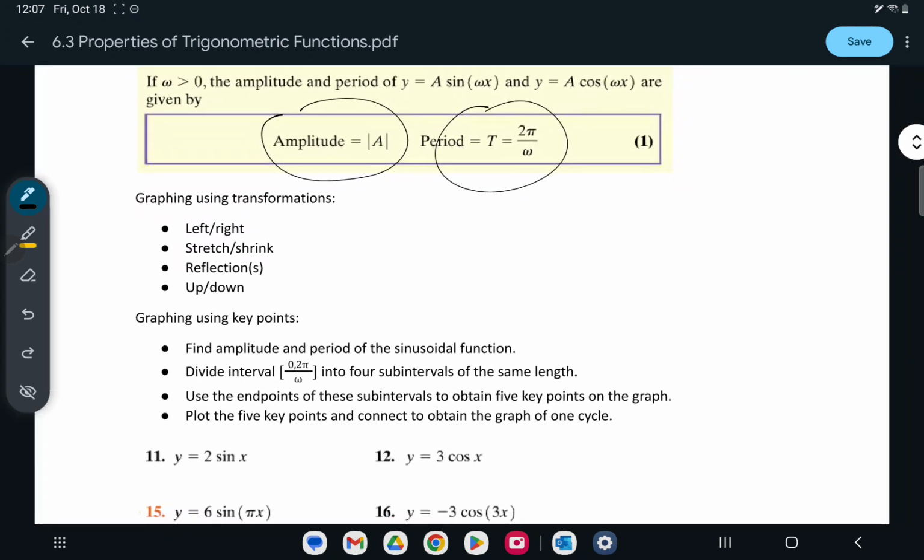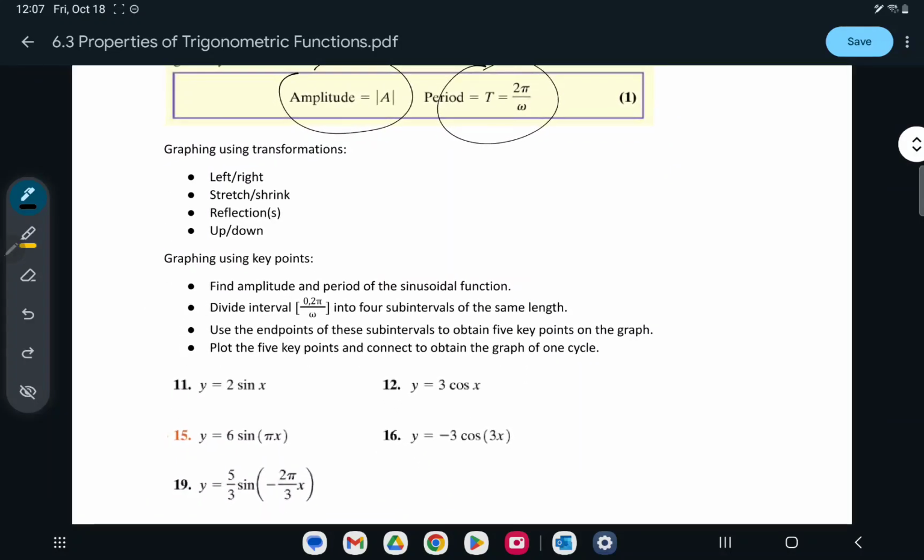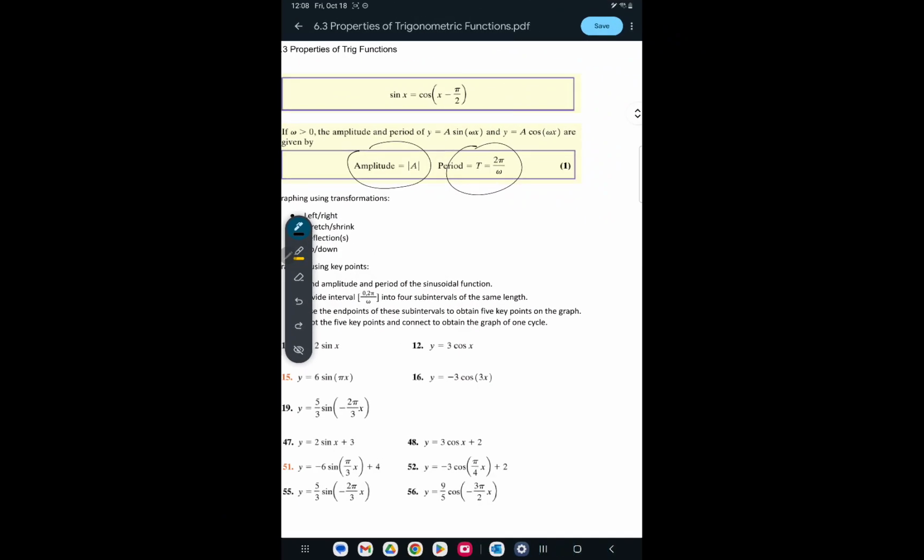So we can look at some of these. I might be able to stay on this one page, and we'll find the amplitude and period for each of these functions here, and then I'll graph a few of them.